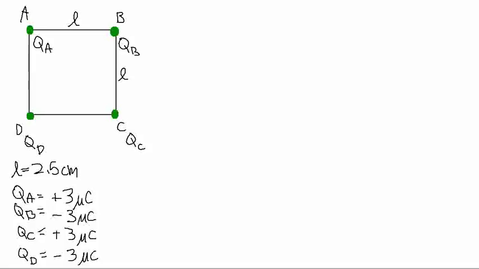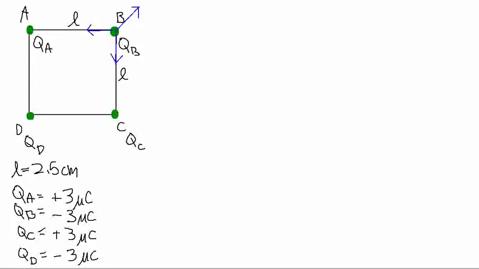Okay? Let me now draw some arrows to represent each of those electric force contributions. Between B and C, we have an attractive force, so I'm going to draw an arrow down. Between B and D, we have a repulsive force, so I'm going to draw an arrow away from object D. Between B and A, we have an attractive force, so I'll draw an arrow to the left.